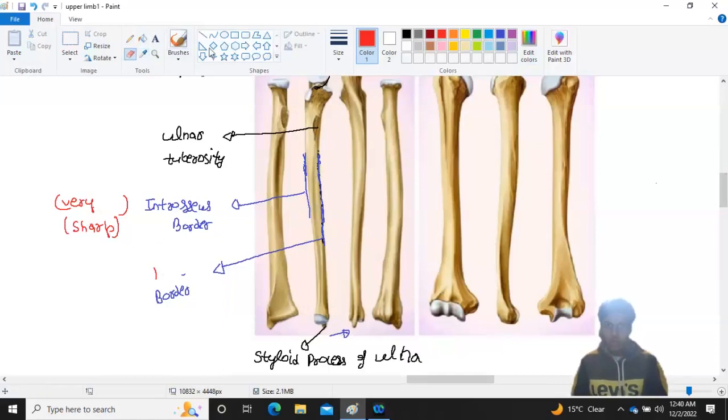This is posterior, and this is anterior, because the anterior border starts from the tuberosity. Remember one thing, it always starts from the tuberosity and comes like this. This is the anterior border. Let us mark the anterior border.